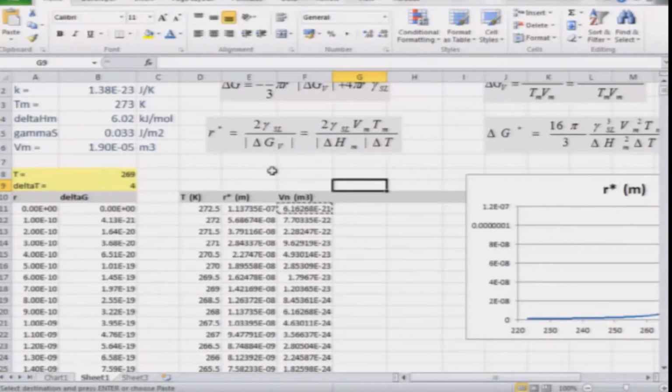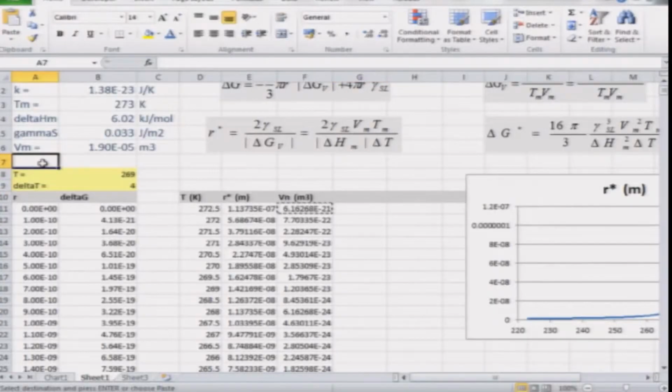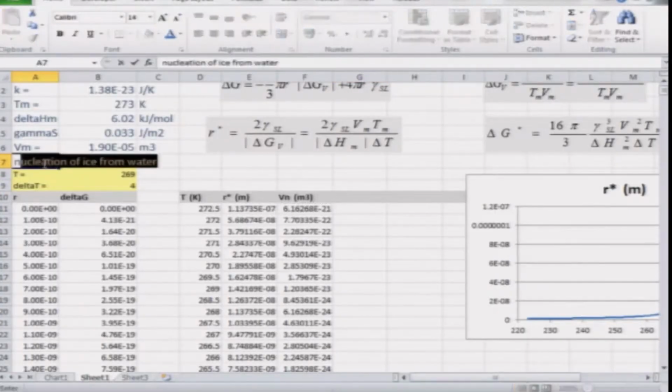Well, once we know the volume of the nucleus, we need to know how many molecules per meter cube should be there in ice. In order to calculate that, let me come here. First let me calculate that.